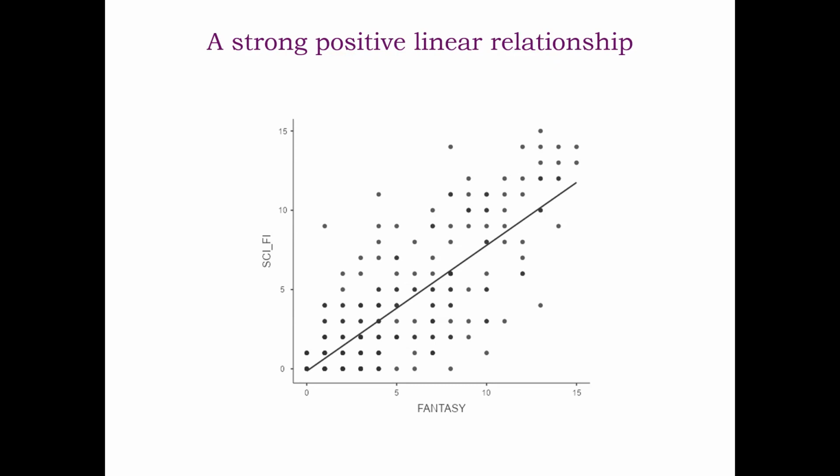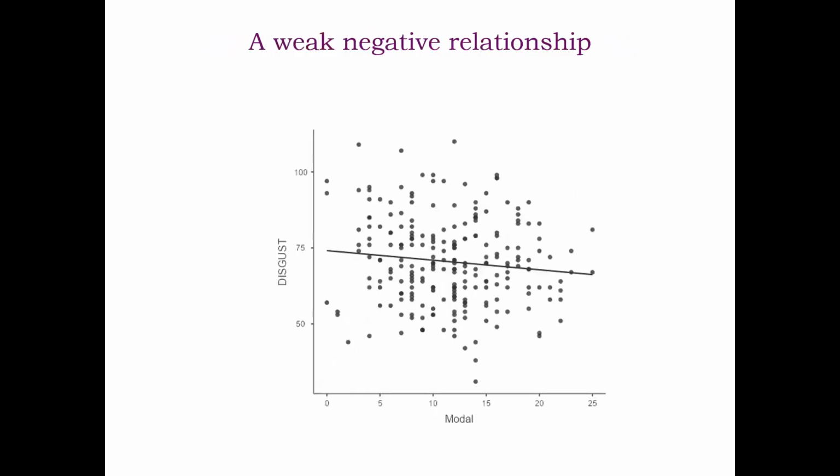So there's a little variability here. There's a lot of variability in the middle, but up here at the extremes, people who recognize 15 fantasy authors recognize either 12 or 13 science fiction, right? So there's not too many different values of y for each value of x.